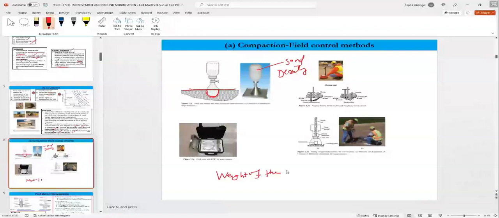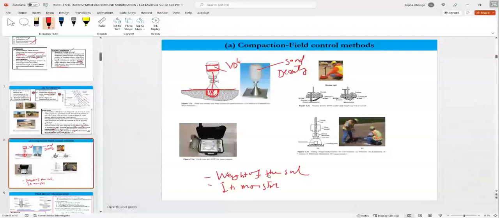We take that soil to the lab also and determine its moisture. Now, what don't we know? We don't know the volume of this hole, right? So we will use the sand here. We know the weight of the sand that fills this hole. If we have a graduated cylinder, we'll know the volume of this sand. So the volume of sand to fill this hole is the same as the volume of the hole.